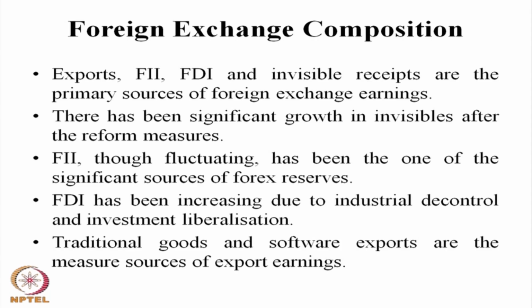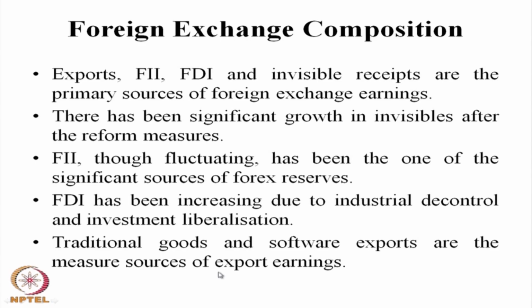It is travel, tourism, the NRI receipt, the compensation that Indians are earning abroad and sending the money, that is a part of our invisible foreign exchange earning, and this invisible has significantly contributed to our foreign exchange reserve.